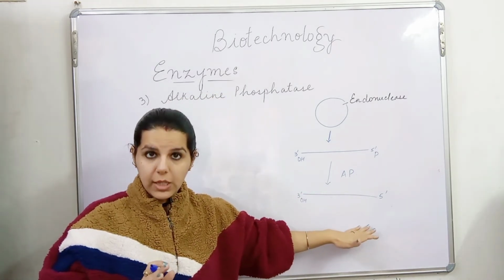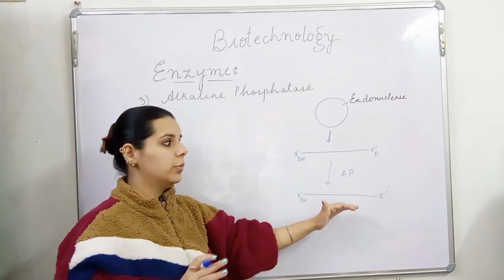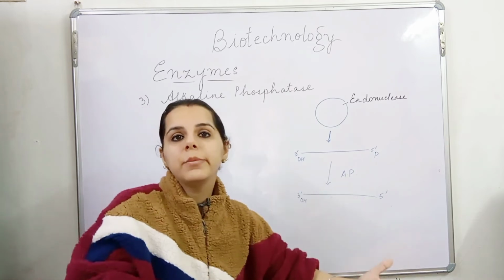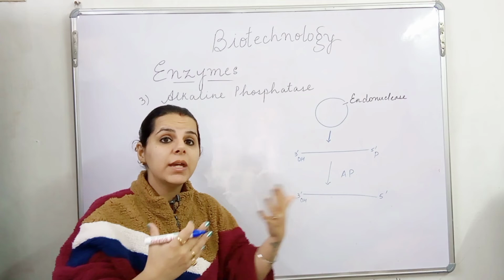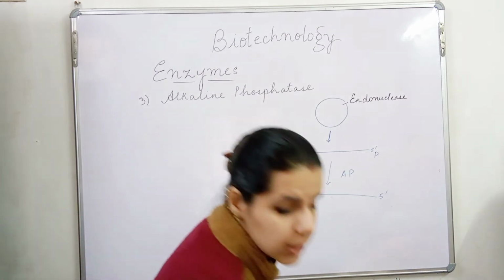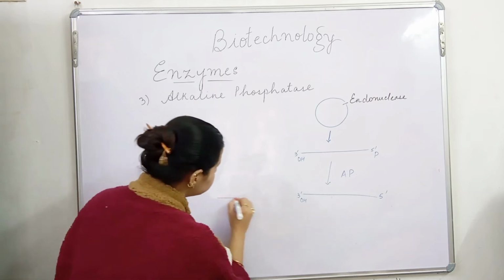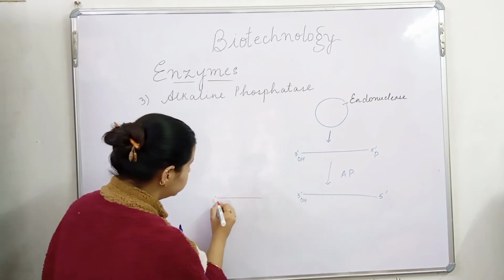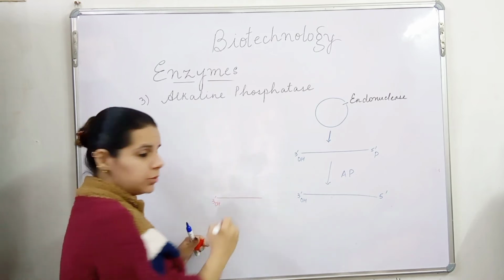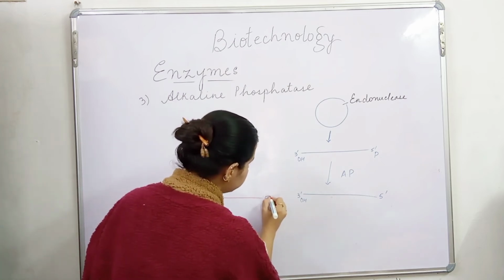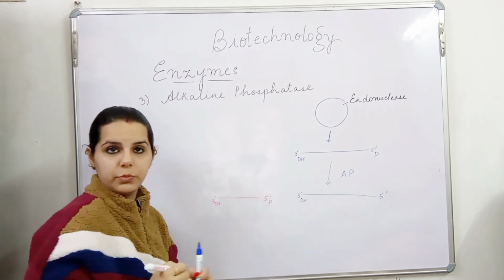form. Now in this form I am able to add my gene of interest, and because my gene is also a DNA, it will also have a 3 prime carbon with a hydroxyl group and a 5 prime phosphate.